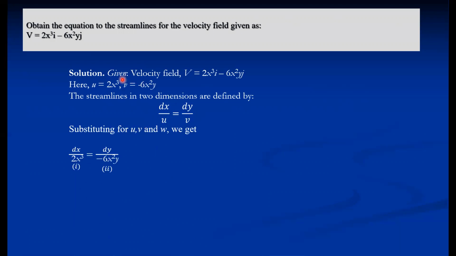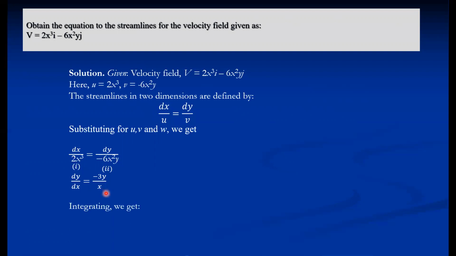So dx upon 2x cube equals dy upon minus 6x square y. Because x is present on both sides, we eliminate it, so dy by dx equals minus 3y upon x.